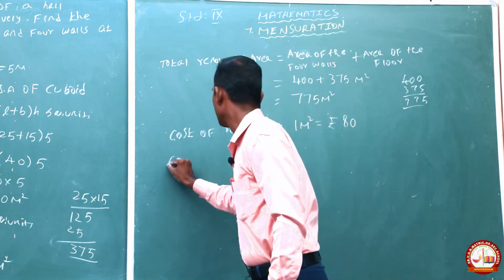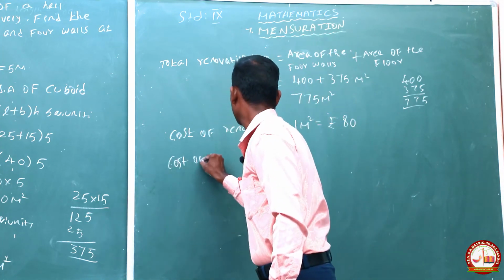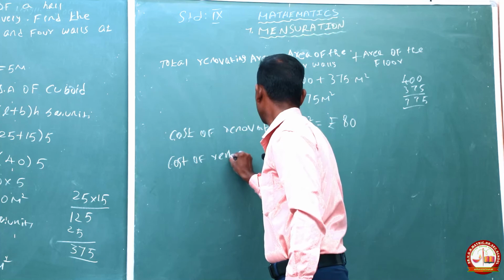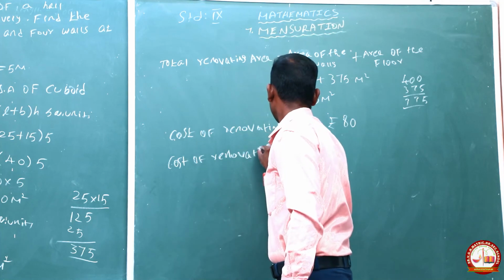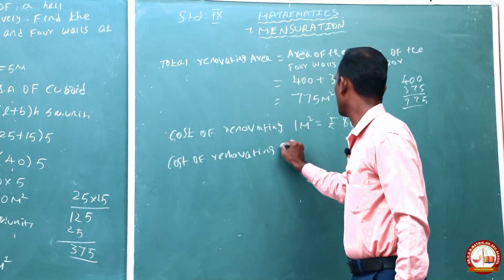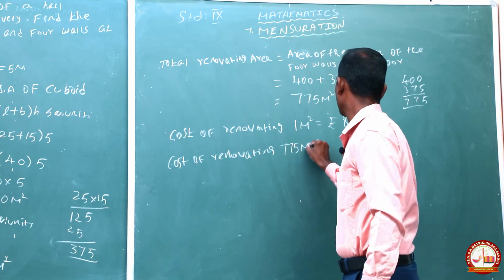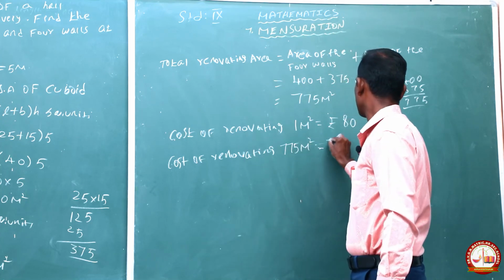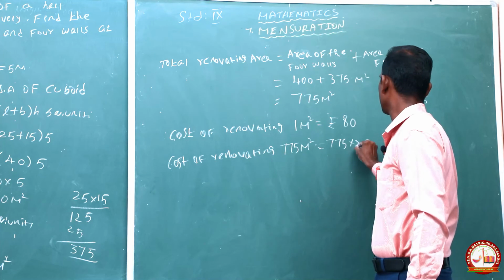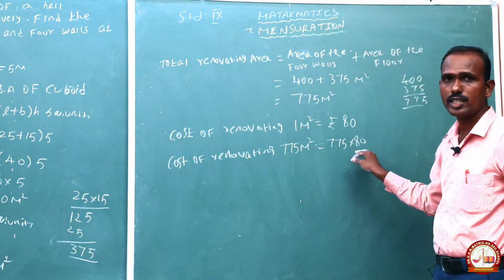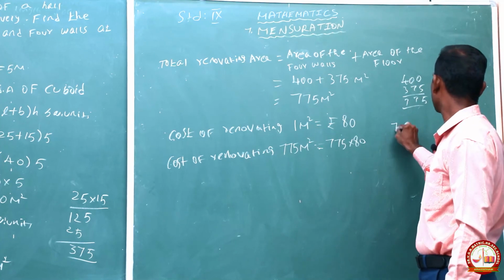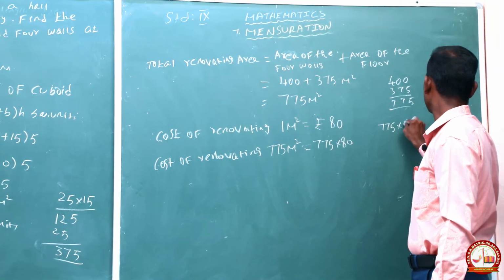But we want to find the cost of renovating 775 meter square. 775 meter square equal to 775 into 80. So we multiply here 775 into 80.